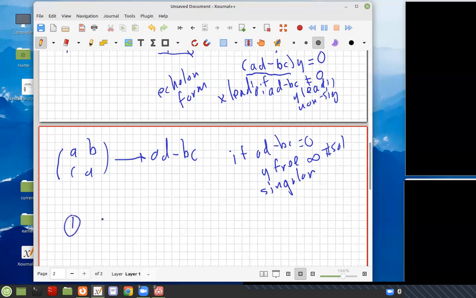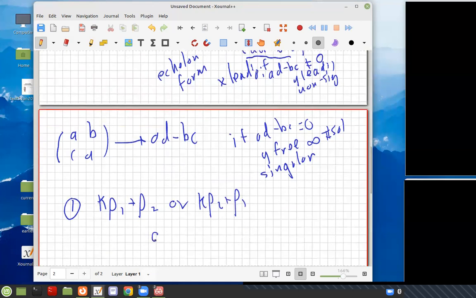If I do K row 1 plus row 2, or K row 2 plus row 1 for any K, AD minus BC does not change. So if we want to call this a determinant, it doesn't change if I do a row operation like this.